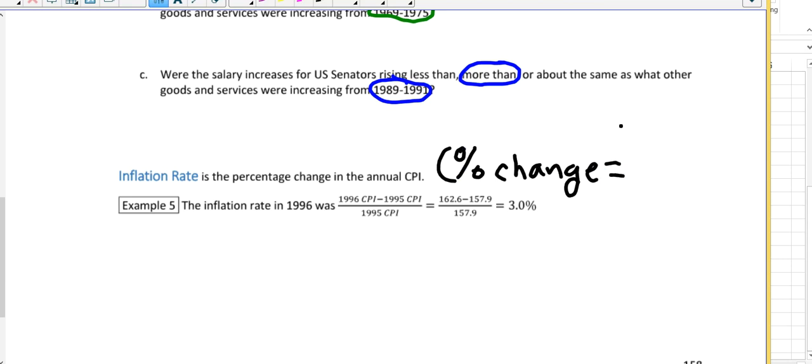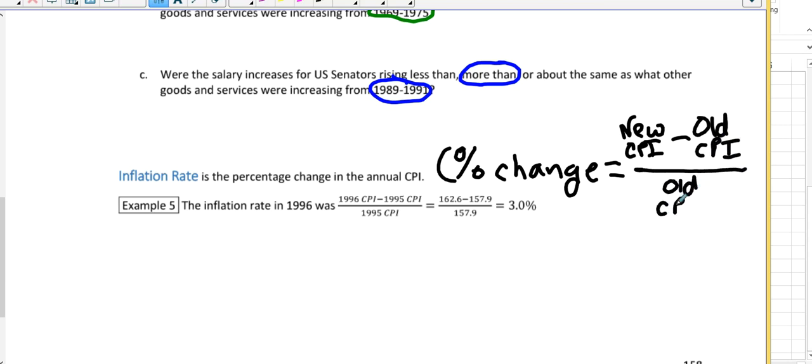So if we're talking about the CPI, it's going to be the new value, the current year, minus the old or previous year's CPI, so new minus old divided by, again, the old CPI.